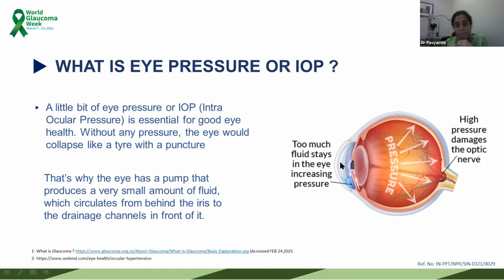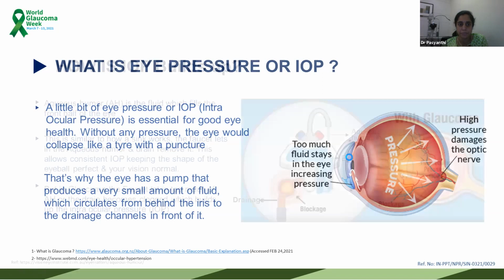When there is more accumulation of fluid inside the eye, you develop more intraocular pressure. But this normal system of fluid being generated and exiting the eye is there in every person, which gives you the normal intraocular pressure.